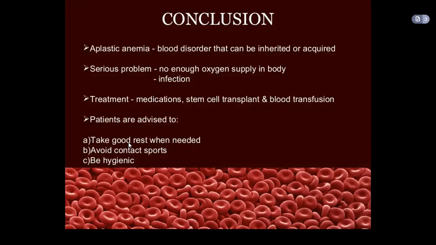So avoid such kind of sports, because if you get any injury, you will bruise easily and you would bleed, because of low platelets. And again, because you don't have enough red blood cells, you don't have enough oxygen supply. So you cannot do very tedious or tasking sports, because you might have some kind of hypoxia and eventually faint.